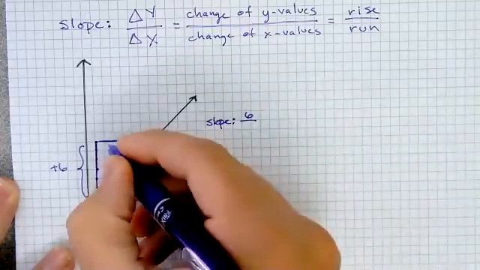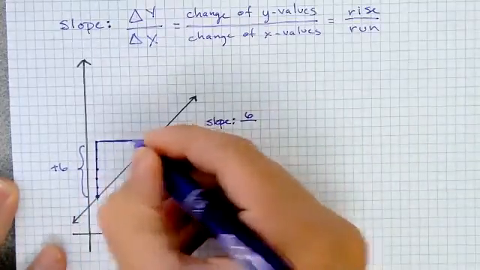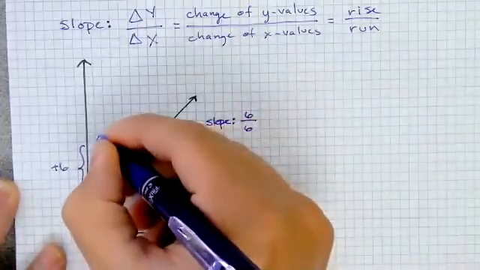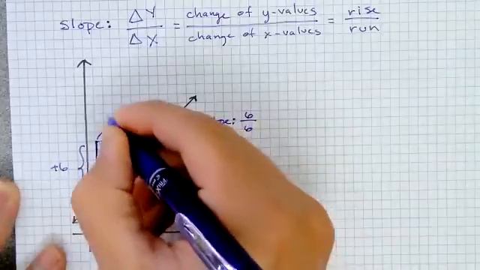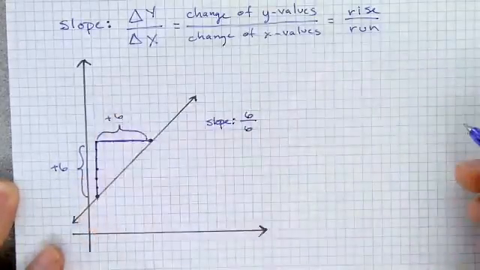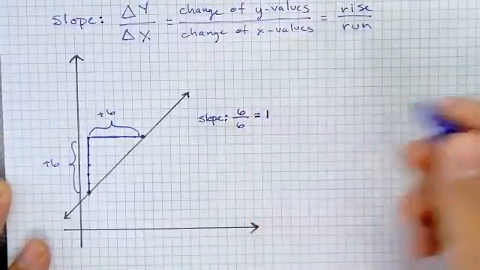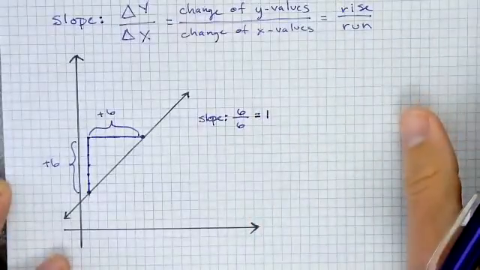And my x values, 1, 2, 3, 4, 5, 6 as well, which was not on purpose, but it is what it is. So that means we have a slope of 1.